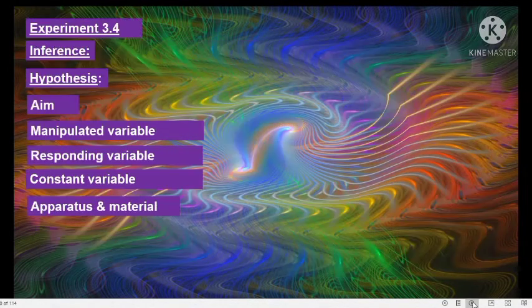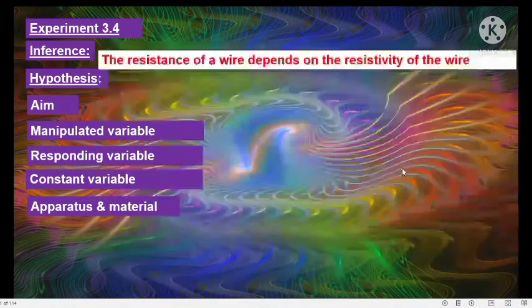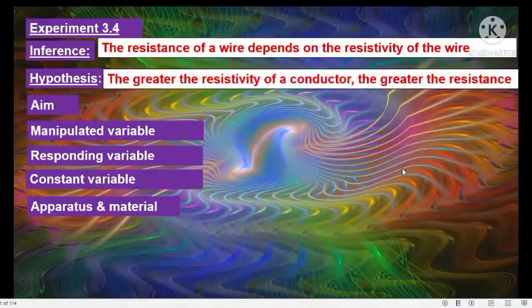Okay, the third experiment in this topic is experiment 3.4. We want to discuss the factor material of wire. The material of wire is represented by resistivity of wire. So the inference we can write here is resistance of wire depends on resistivity of wire.